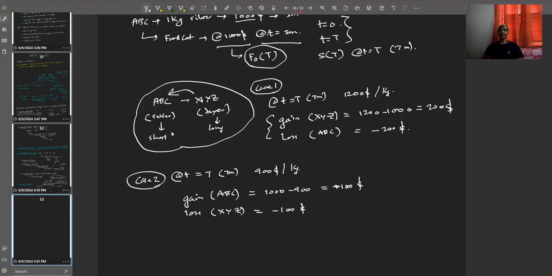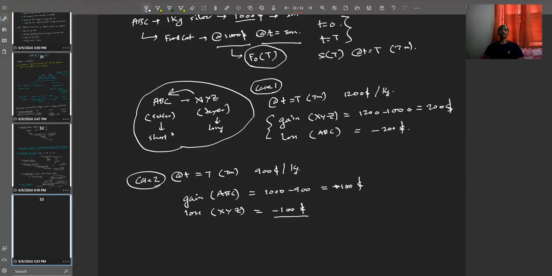Why? Because if the buyer had bought from the market, he or she could have bought it at $900, but now he has to buy it at $1,000 from ABC because he has entered into a forward commitment contract, which is basically what a forward contract is. You cannot back out from it, so he or she has to take a loss of minus $100.